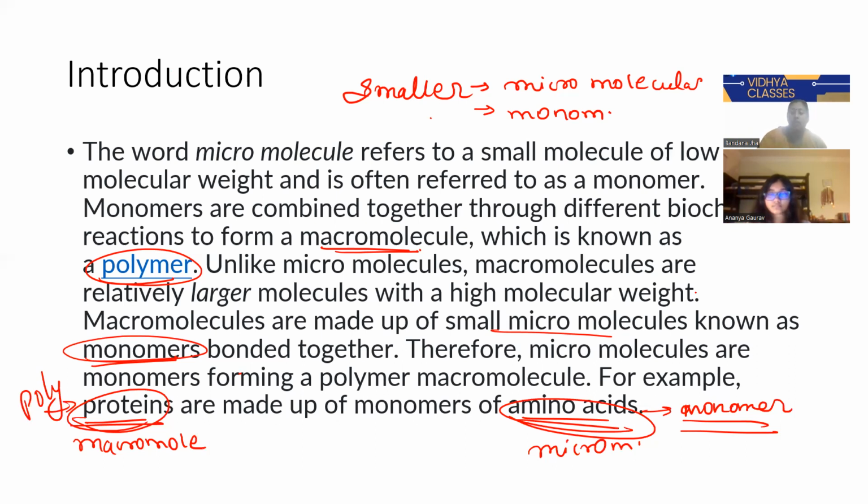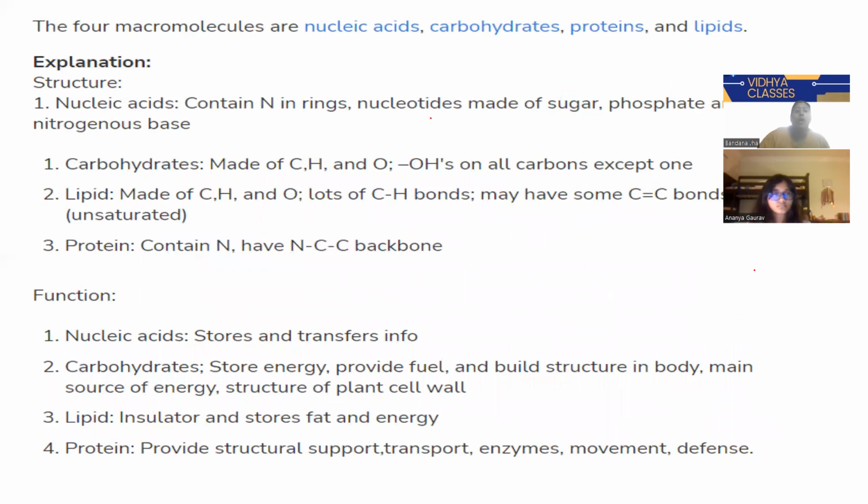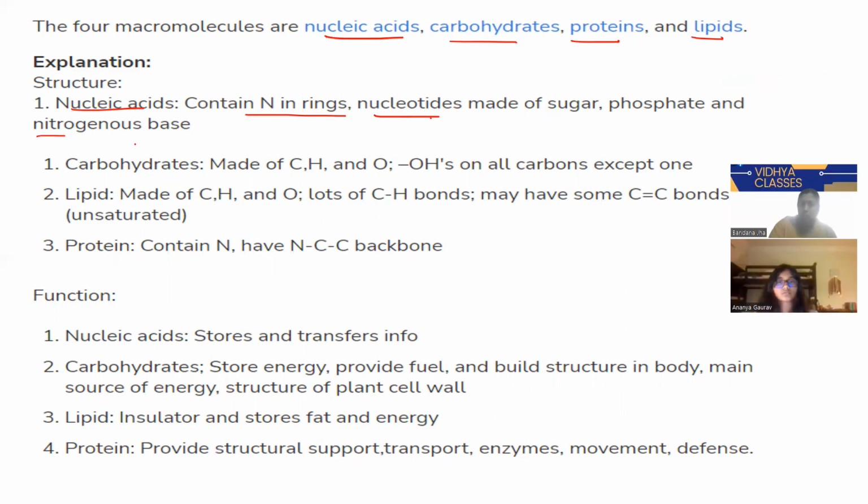Now the next point. Here we have four macromolecules: nucleic acid, carbohydrates, proteins, and lipids. What is nucleic acid? Nucleic acid contains n number of rings, that is nucleotides, each made up of sugar, phosphate, and a nitrogenous base.